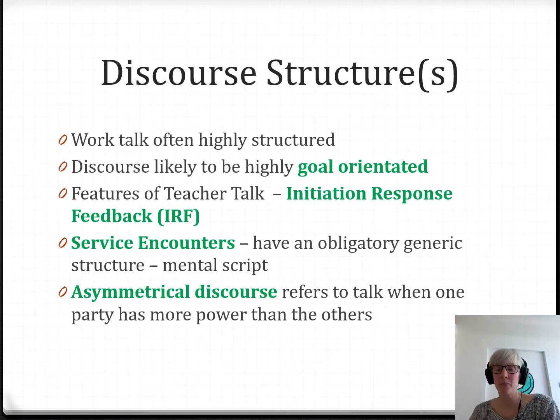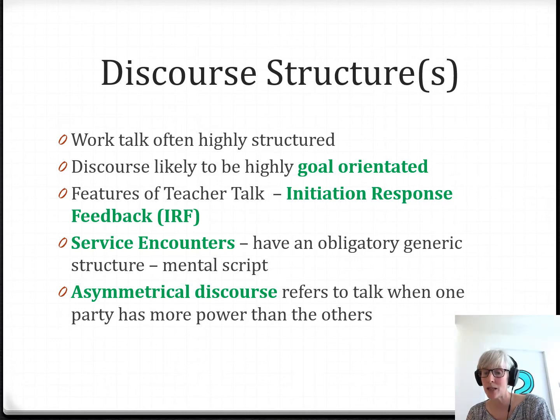Okay. Discourse structures are also affected by one's occupation. The way we engage in conversation in a work or occupational setting is different to how we engage in conversation just casually among friends. One of the biggest differences is that when we're talking at work, it's highly goal orientated.